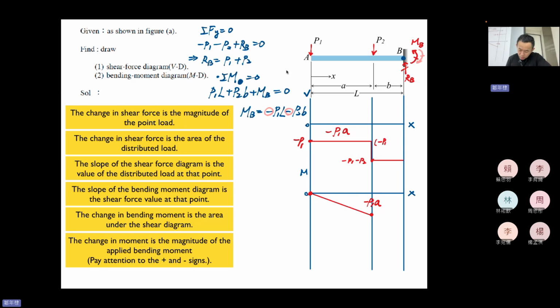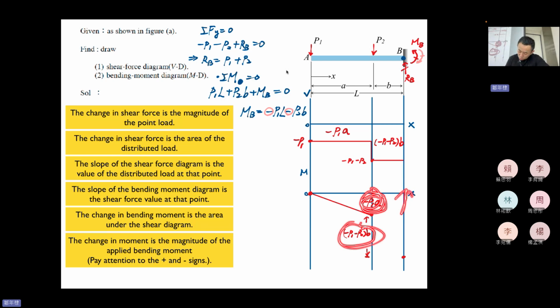So this is minus P1 minus P2 times B. The value will be this one plus this one, right?